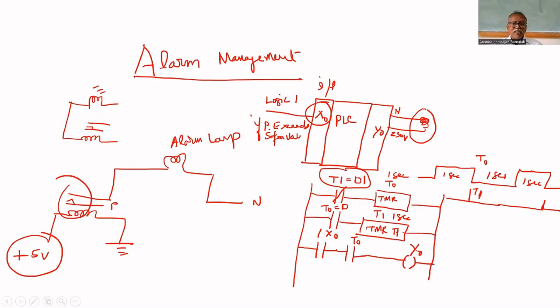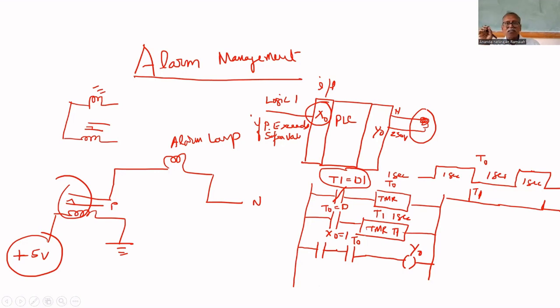So what will happen? Whenever the pressure exceeds the safe value, X0 will be 1. T0 is a pulse signal, a 1 second square wave. That's why the lamp will glow for 1 second, then turn off for 1 second. Turn on 1 second, turn off 1 second.